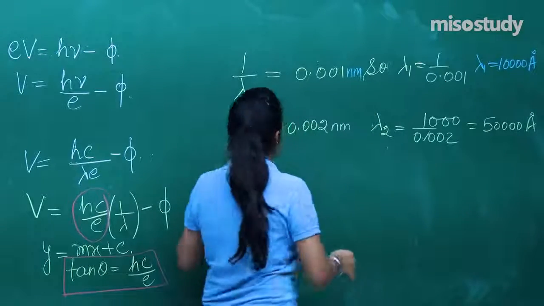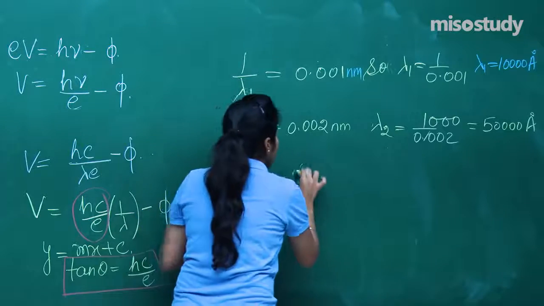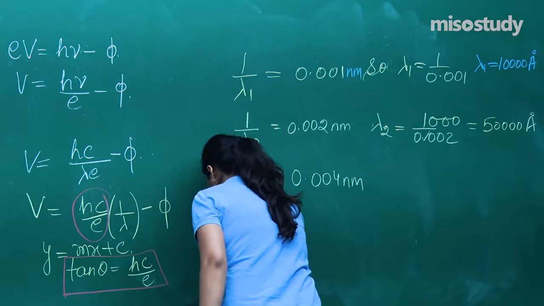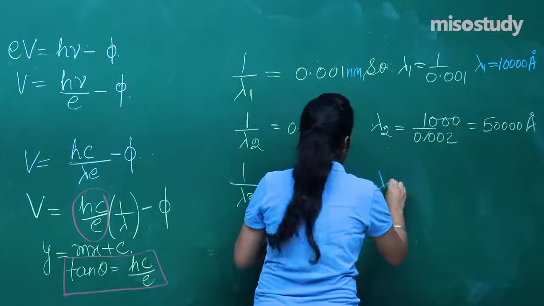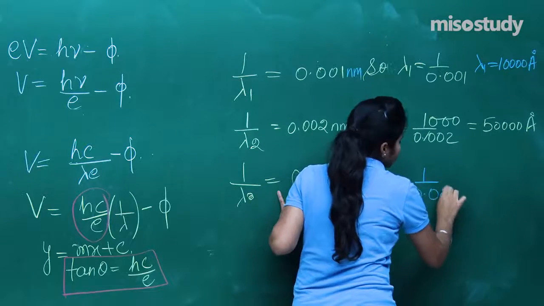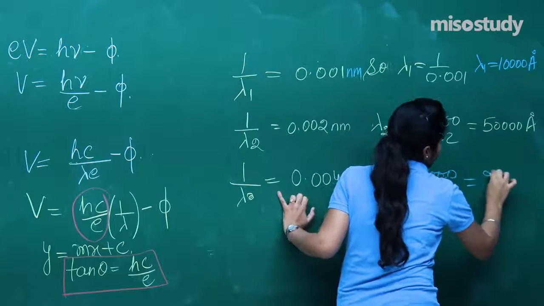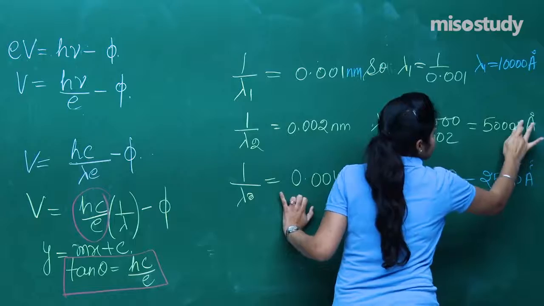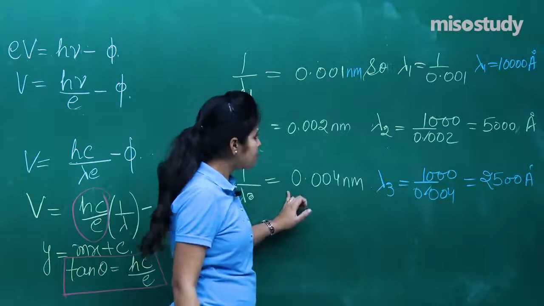Now for lambda 3, we have 0.004 nanometer, so lambda 3 is 1 divided by 0.004. This will be in angstrom.